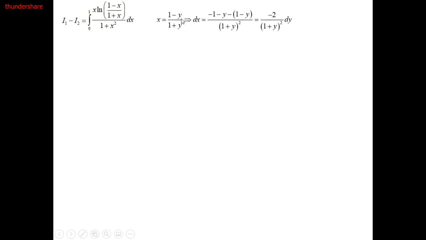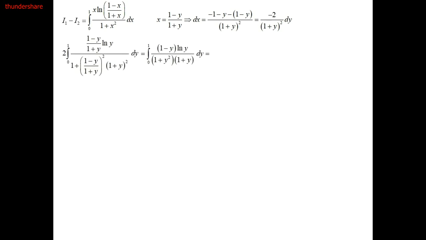Okay, how about I1 minus I2? When we also use the properties of the ln, we will find that it is equal to the integral from 0 to 1 of x ln((1 minus x) divided by (1 plus x)) divided by (1 plus x squared) dx. Also, we can use the same tools that we already used to simplify it.